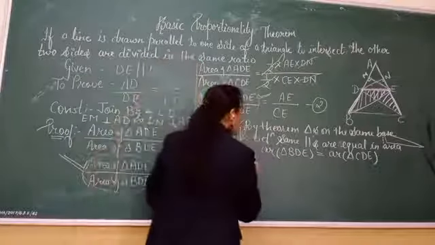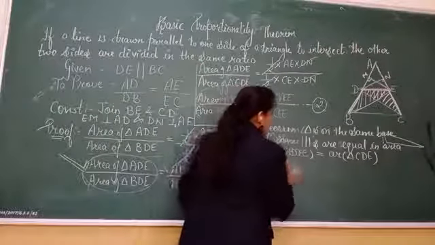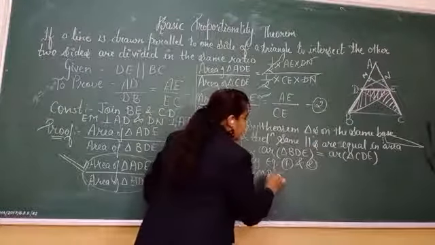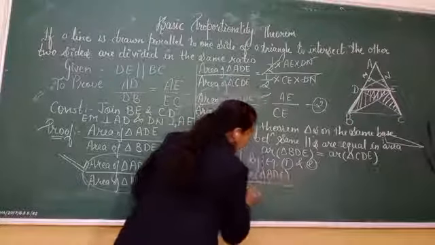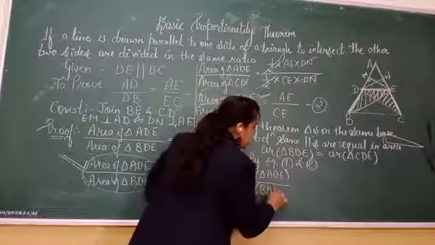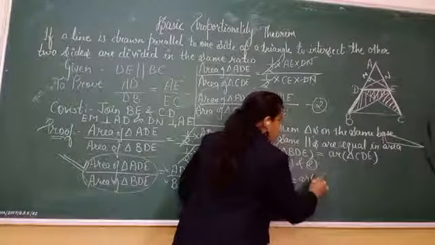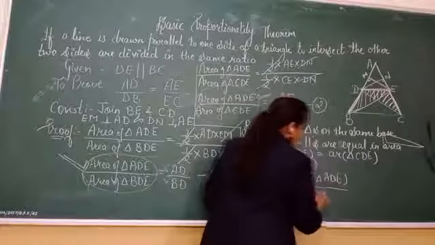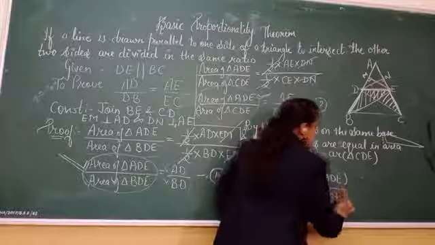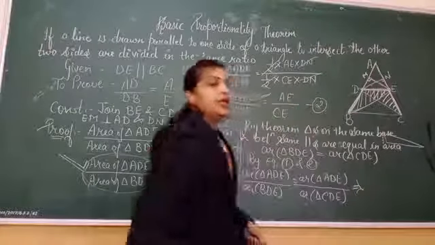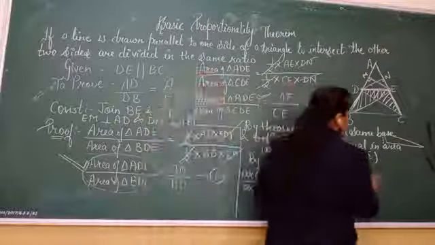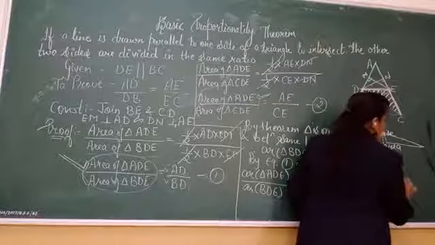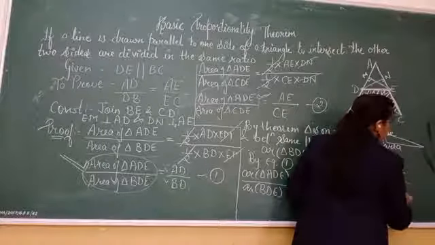So by equation 1 and 2, we will get area of triangle ADE upon area of triangle BDE is equal to area of triangle ADE upon area of triangle CGE. And if these are equal, therefore AD upon DB is equal to AE upon EC.